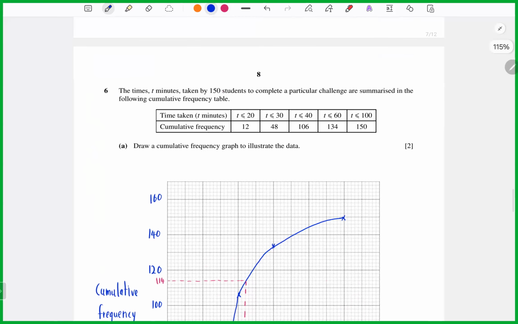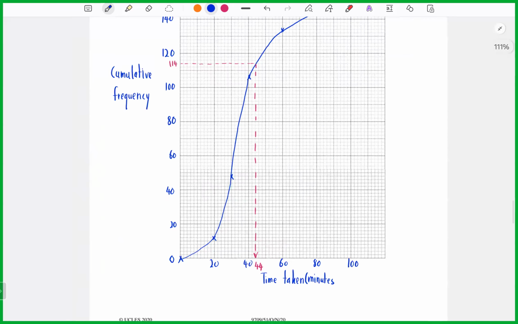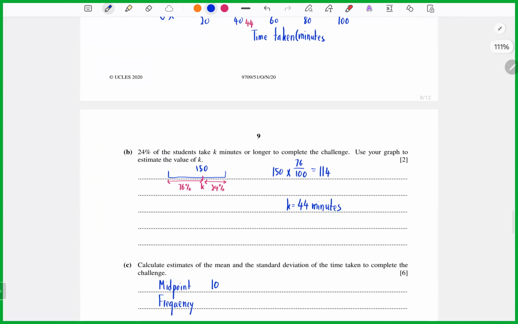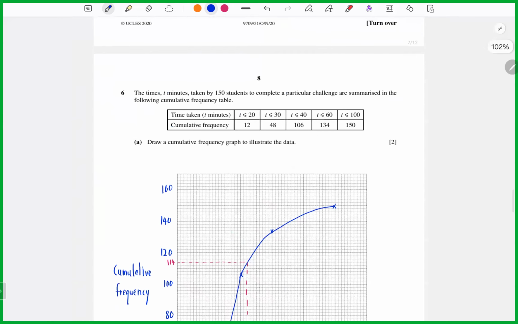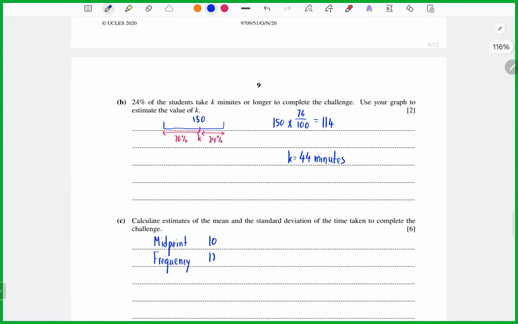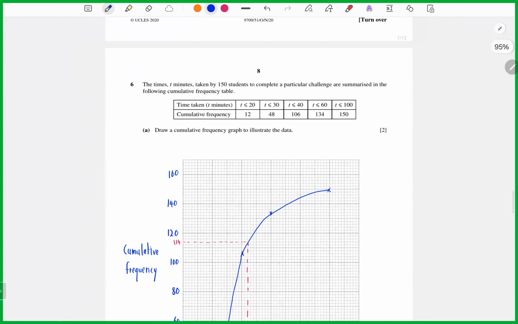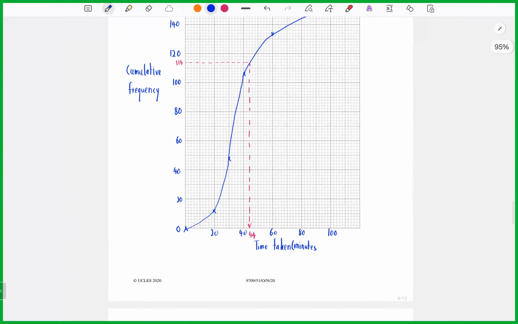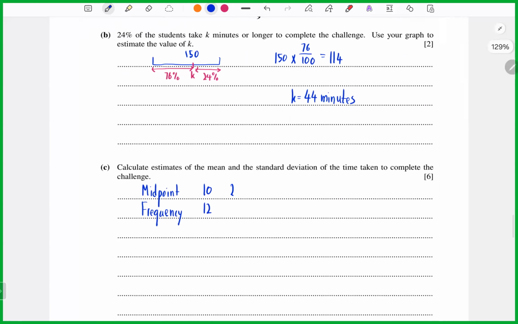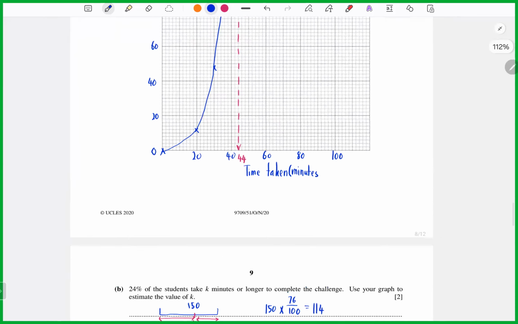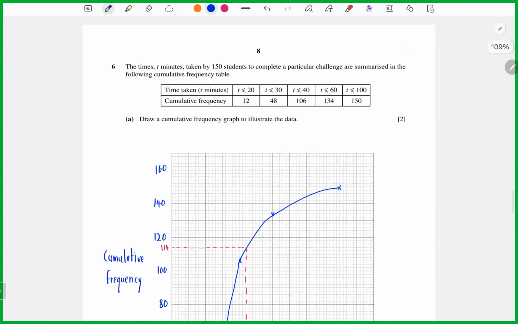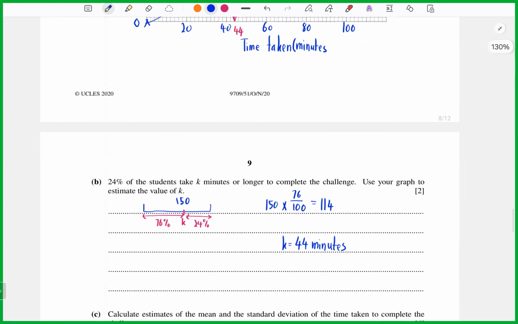Here is 20, right? So take 20 plus 0 divided by 2 equals 10. Frequency is the same, 12. Then looking at 13: take 20 plus 13 divided by 2 equals 25. For the frequency, take 48 minus 12, you get 36.